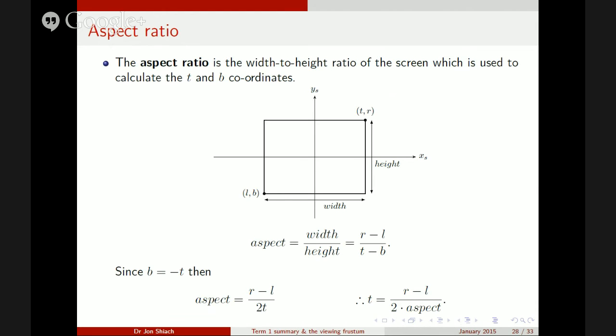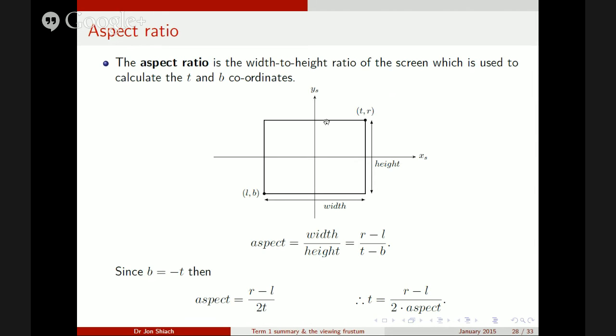Okay, aspect ratio. The other thing which defines the viewing frustum is the aspect ratio. What's the width to height ratio of your screen? Width to height would be your R coordinate minus your L divided by the top coordinate minus the bottom. If you have an aspect ratio, which is what we normally have, 4:3, 16:9, etc., we assume that the bottom coordinate is simply minus the top, since we want the center of the screen to be the origin.